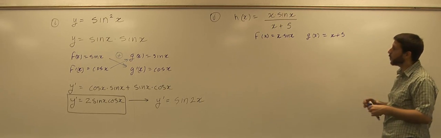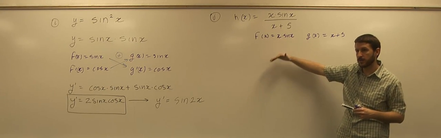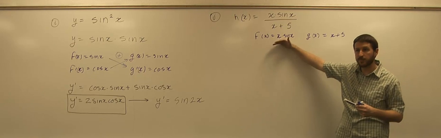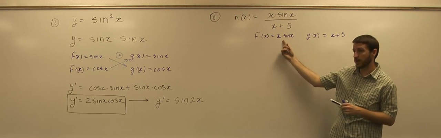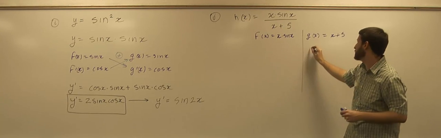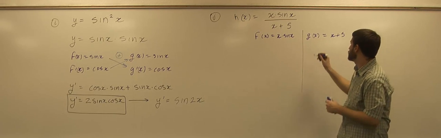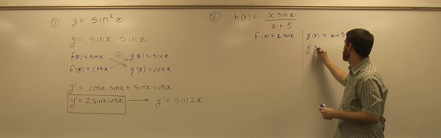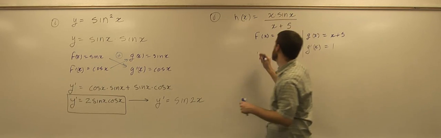The problem now is when you calculate f prime, you have a product rule, because f has a product. g prime is easy, g prime is just 1. But to fill in this part of our quotient rule, we need to do the product rule.